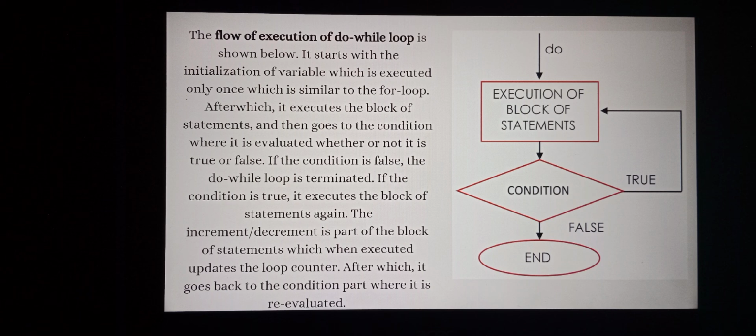If the condition is false, the do-while loop is terminated. If the condition is true, it executes the block of statement again. The increment and decrement is part of the block of statement, which when executed updates the loop counter, after which it goes back to the condition part where it is re-evaluated.